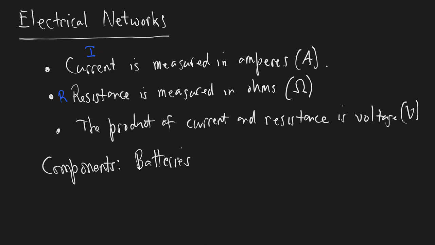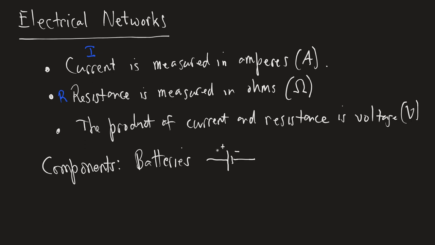When you look at the drawing of an actual circuit, we're going to use this symbol to represent a battery. It's like that, and then like that. The longer side here represents the positive terminal, and the shorter is the negative.